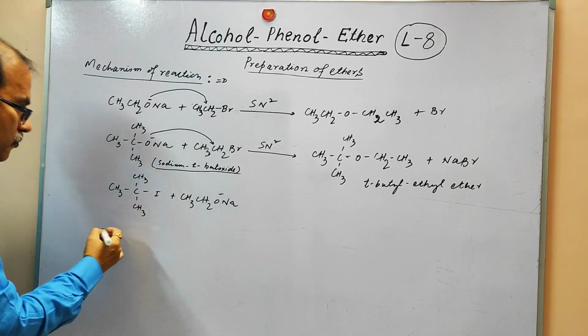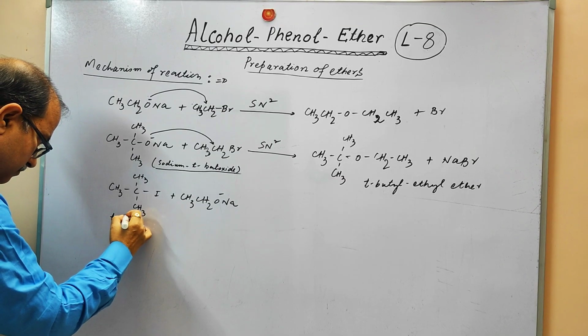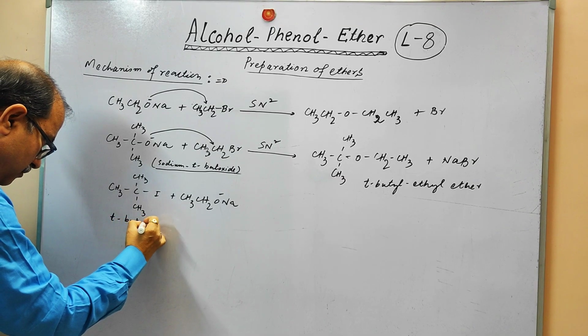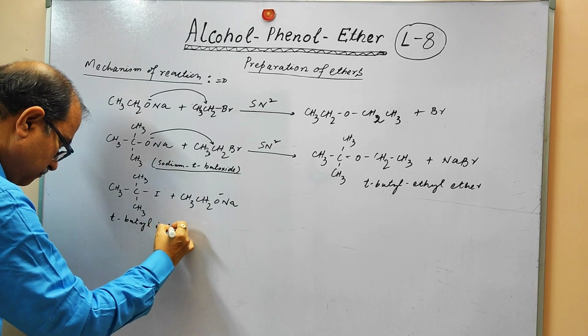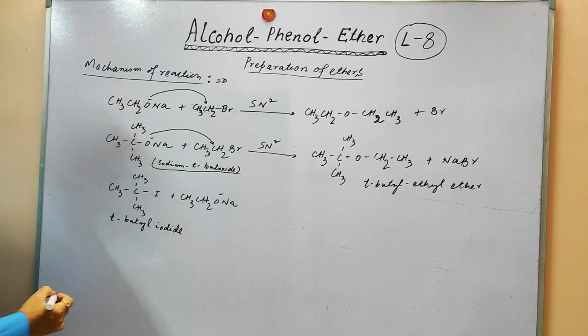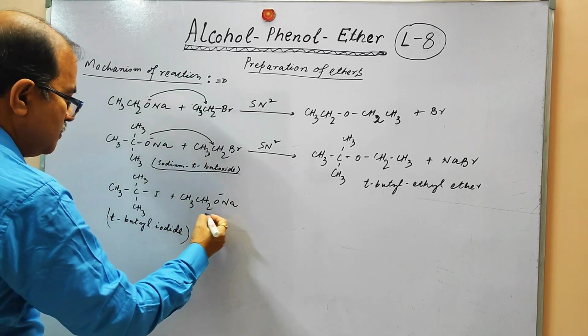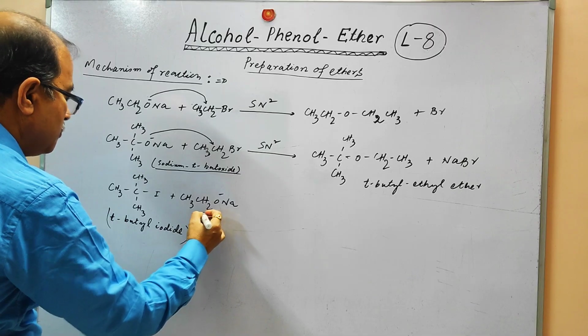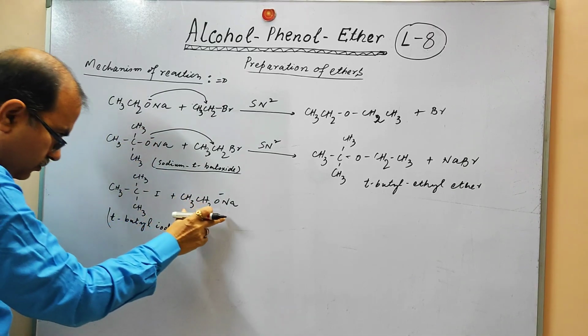Instead of this, if we use the tertiary butyl iodide, this is tertiary butyl iodide, and this is sodium ethoxide. Instead of what we chose before, now we have chosen this reagent.